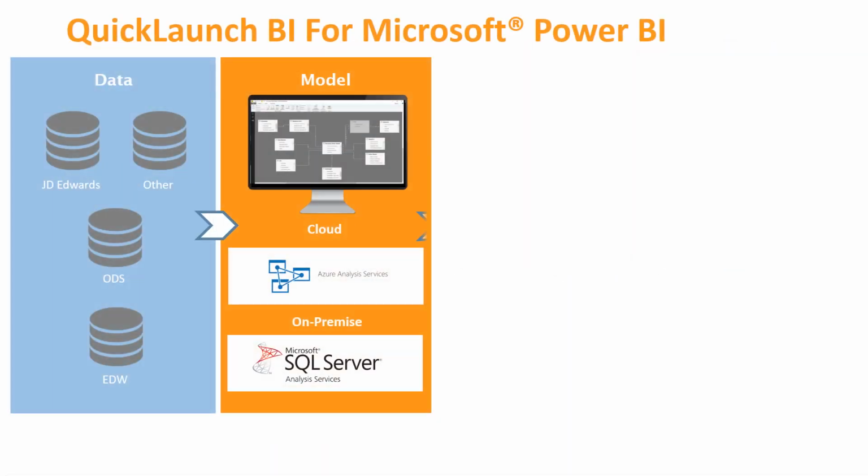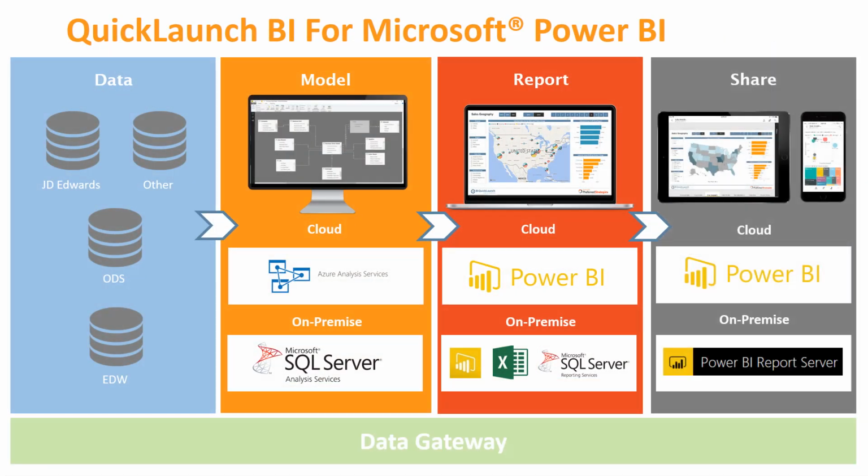Focusing on the leader there, Microsoft Power BI, this is an architecture that includes our QuickLaunch for JD Edwards. We translate and transform the cryptic JD Edwards data of the 5,000 tables, which ones you need for GL versus sales versus procurement versus inventory. We translate the fields, so instead of seeing MCU, you'll see business unit.